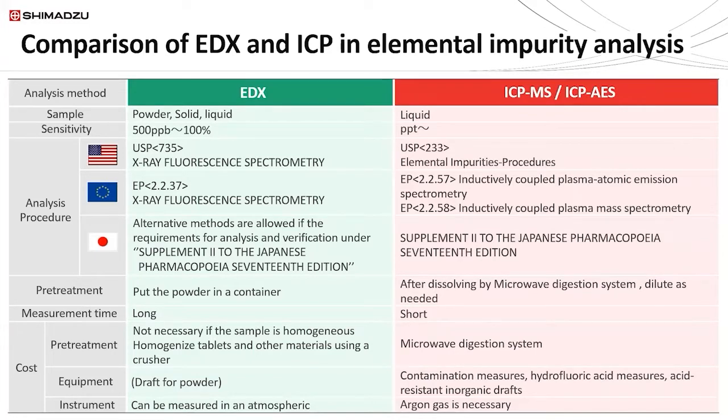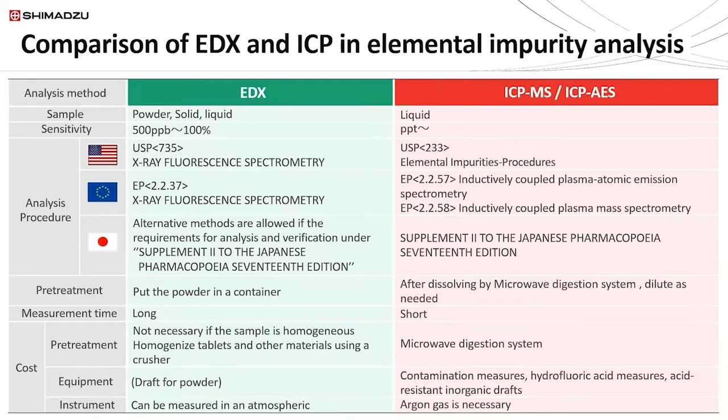Because for the rest of the talk, I'm going to be comparing a lot of EDX with ICP-based techniques like ICP-MS and ICP. So it's worthwhile making a chart that describes on a side-by-side basis the differences between EDX and ICP-MS.